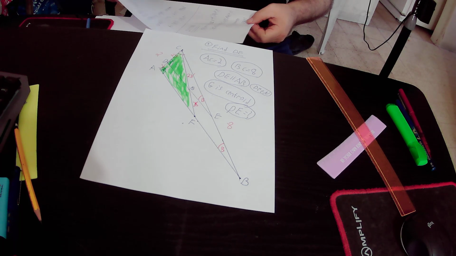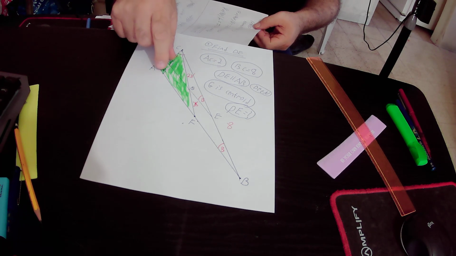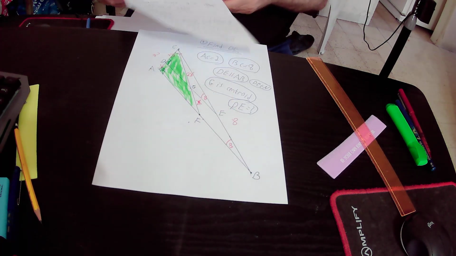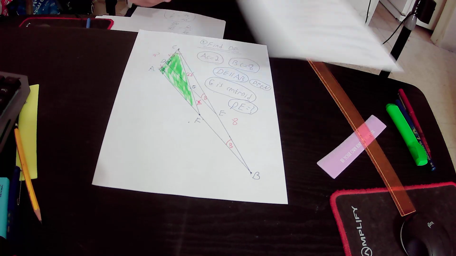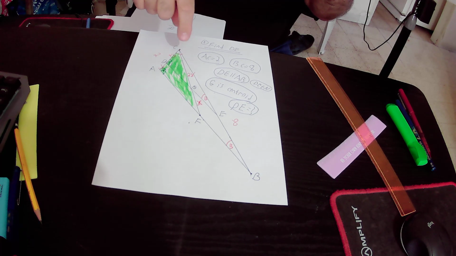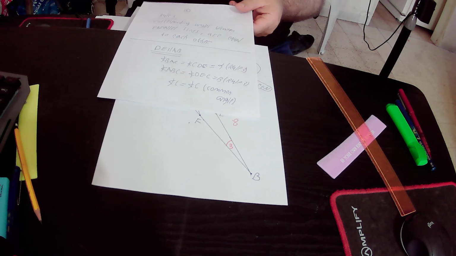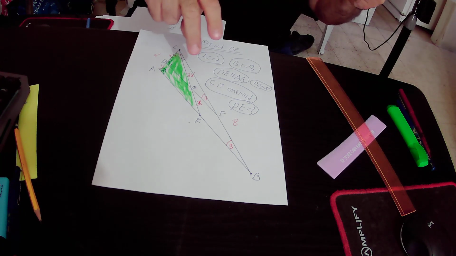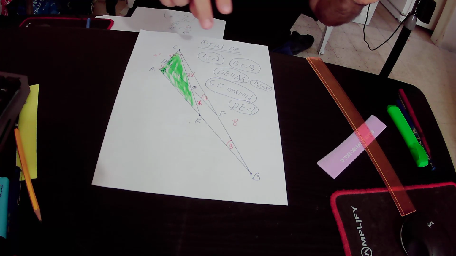So we have that those two angles are equal to each other, and those two angles are also equal to each other, and we have the third angle, which is a common angle. It belongs both to triangle CDE and to triangle ABC. So angle C equals angle C. So we actually proved that all three angles of triangle ABC are equal to the three angles of triangle CDE.